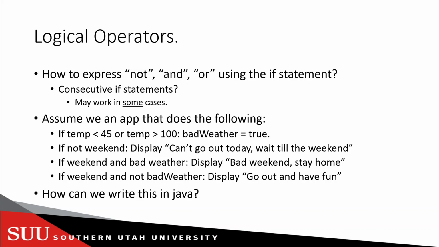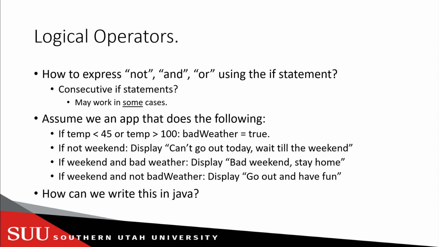So we will assume that in the application that we have here, if the temperature is less than 45 or it is larger than 100, then we have a boolean that says is the weather bad. We'll set that to true. Now if it's not a weekend, again we'll have another variable signaling if it's a weekend or not.